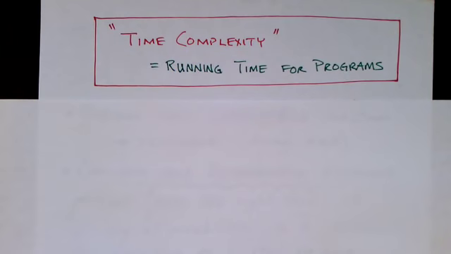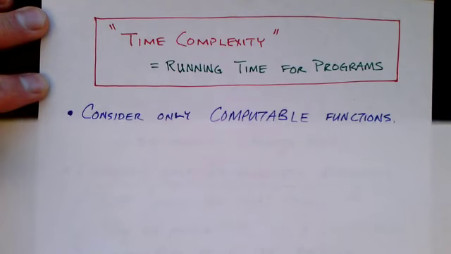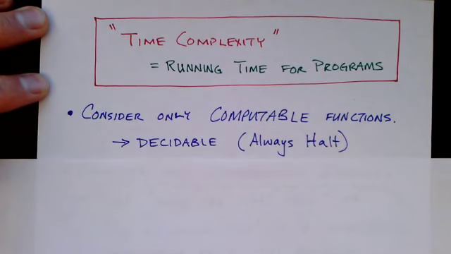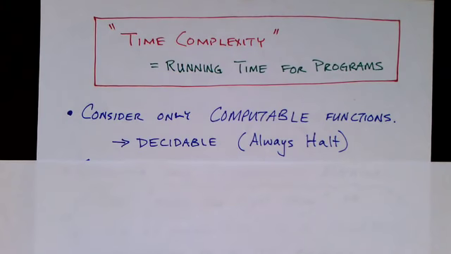Time complexity is just a fancy way of saying the running time for programs. So in this section, we're going to talk about how long it takes programs to run, and we call this by its fancy name, time complexity. We're only going to consider computable functions. That means functions that are decidable by a Turing machine.